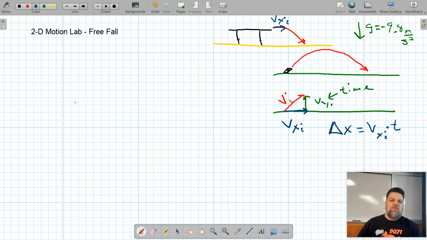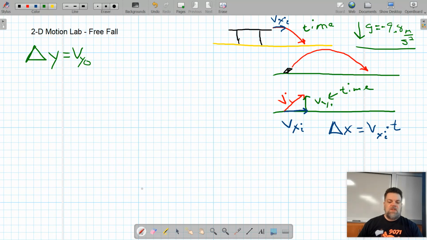So what I really need to figure out then is how much time does it take for it to hit the floor? And I'm going to use some formulas. So to figure out the time, remember, we wrote this formula, we said delta x, but really it's delta y is equal to the velocity, and we're going to have the y velocity.